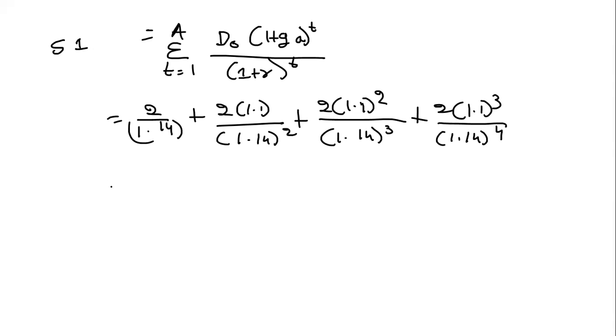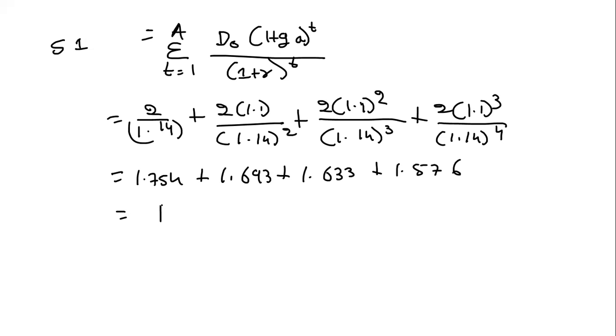Now if we simplify this, we get the first value 1.754, plus 1.693, plus 1.633, plus 1.576. Adding all this, we get rupees 6.656. So this is the first step.